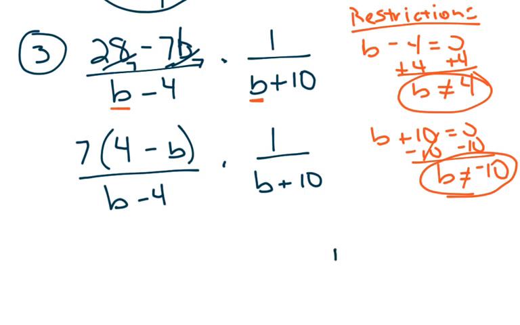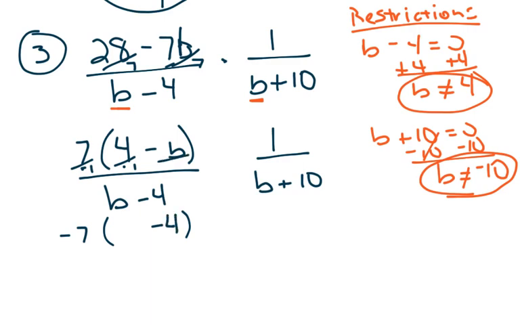All right, now what I'm seeing here is that these two look very similar, but the signs are not in the right spot. So what I'm going to do is factor out a -1 from the top. If I divide 4 by -1, I get a -4, and I'm going to move that position.